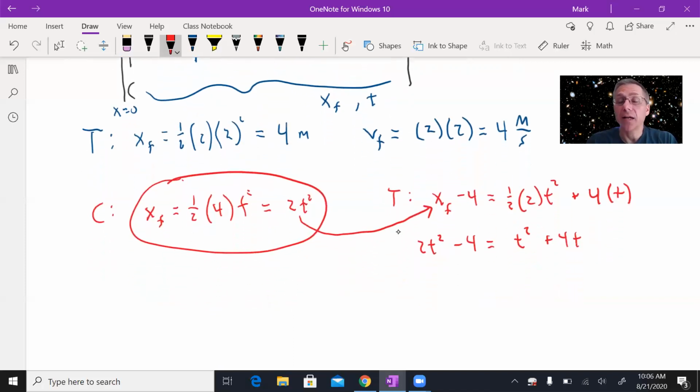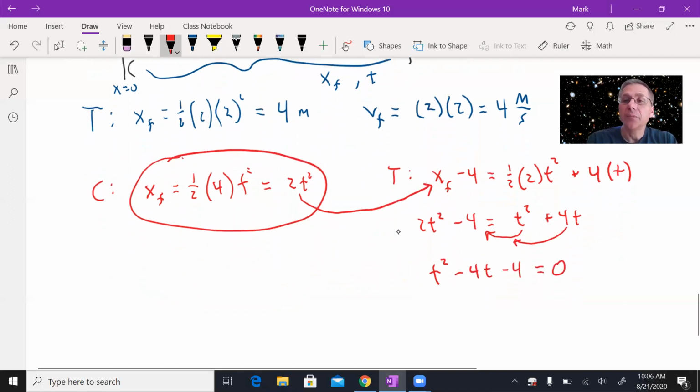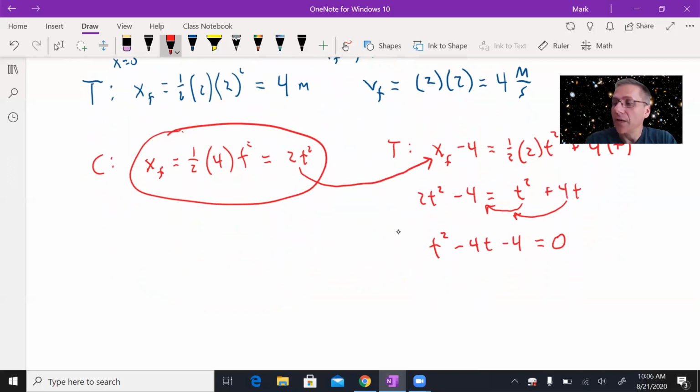That happens a lot with constant acceleration because of the time squared term in the distance equation. So if I subtract t squared and bring it over to the left-hand side, 2t squared minus t squared is t squared. I have to move the 4t over there, so minus 4t minus the 4, and that's going to be equal to 0. And we can set up a quadratic equation for this and solve for the time.